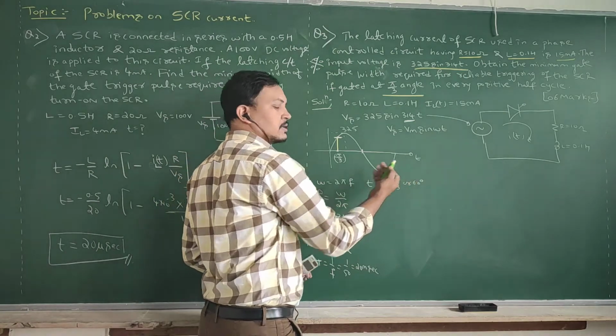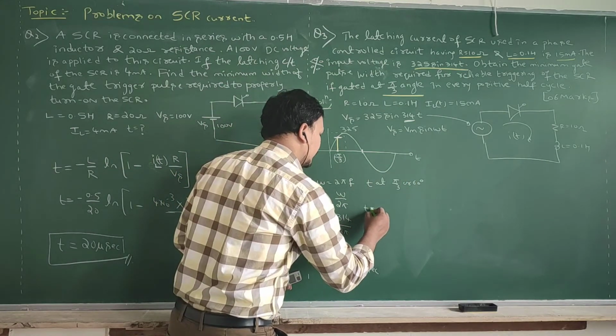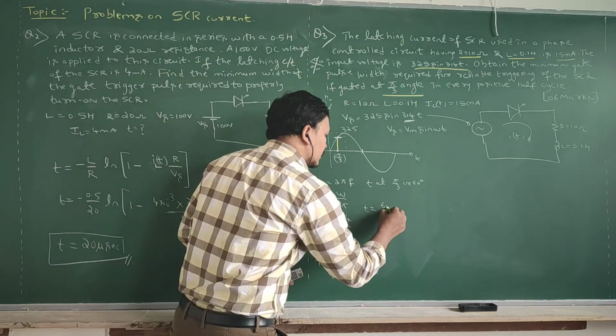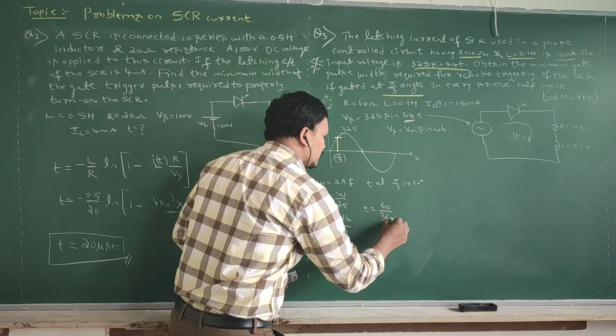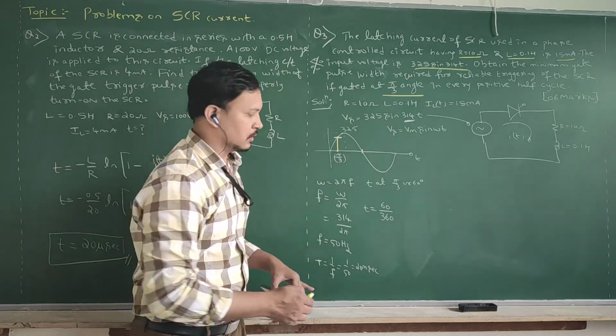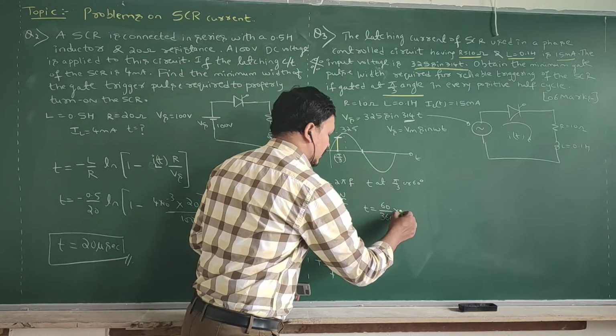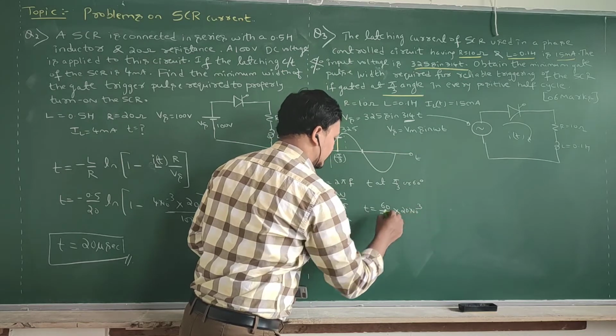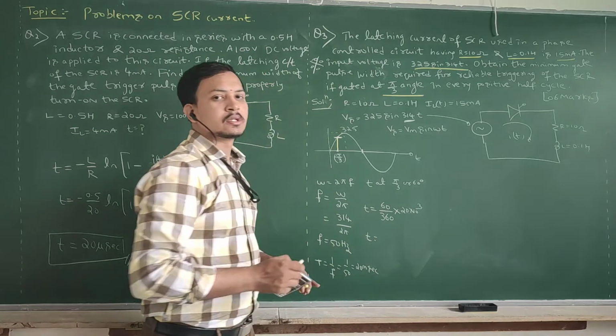Pi by 3 or 60 degree, both are the same. One is in radians, the other in degrees. Now I am finding the time at this particular angle. So that is 60 degree divided by 360 degree. Why? What is 360 degree? The time taken to complete one cycle. Multiplied by the total time. What is the total time? 20 milliseconds. Okay, got it?